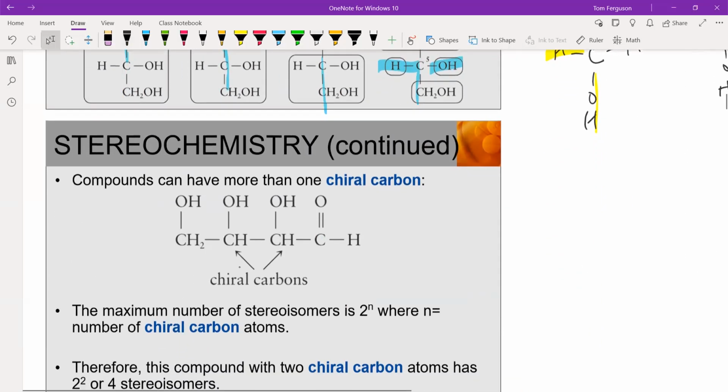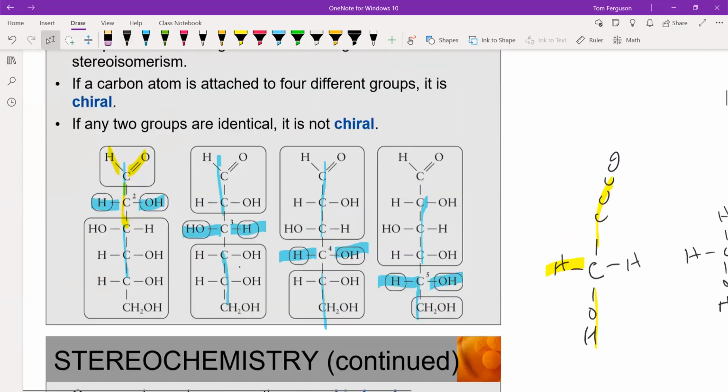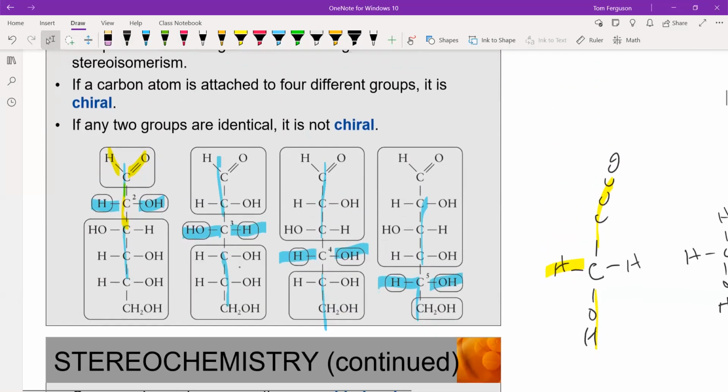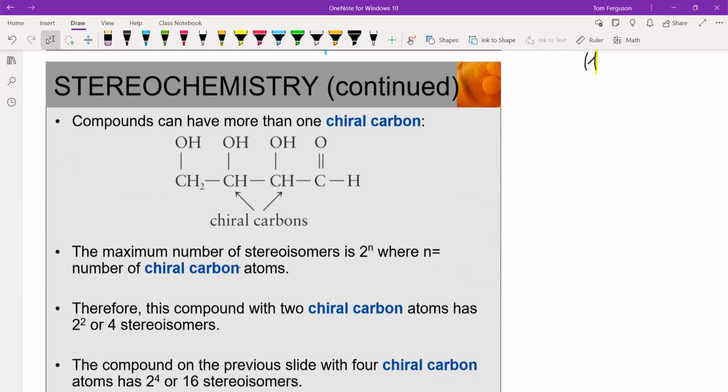All right. So as you saw up here, we have 4 chiral carbons. You can have lots and lots of chiral carbons. If you have one, then you have D and L isomers, enantiomers.